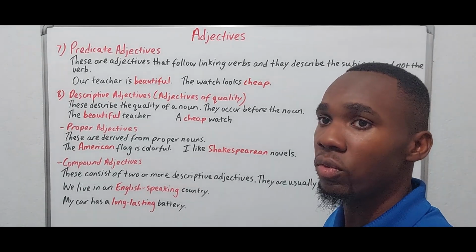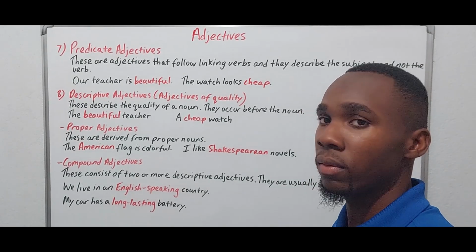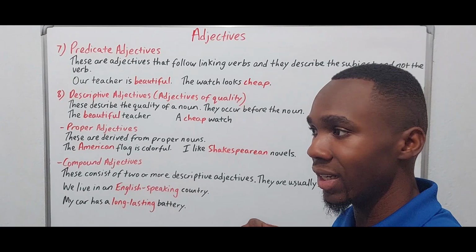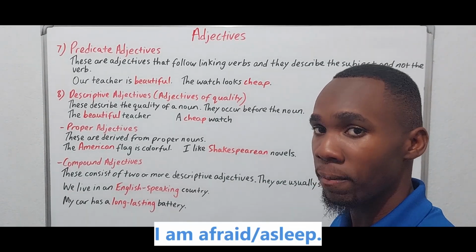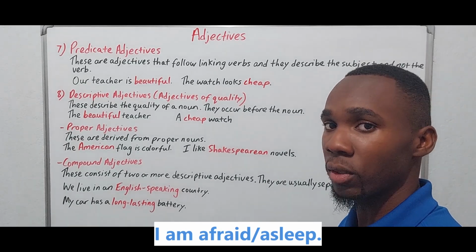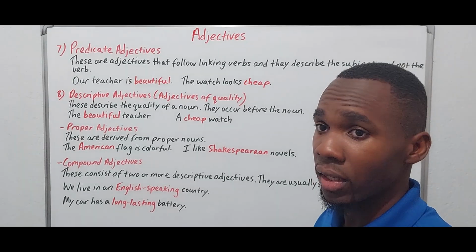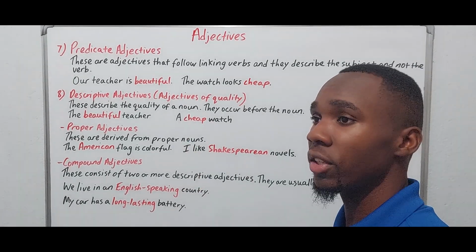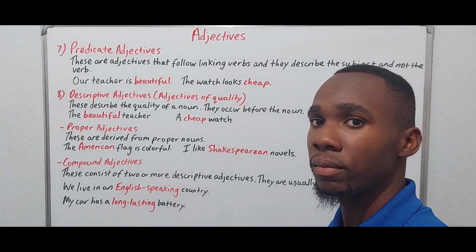You can only use those as predicate adjectives, asleep and afraid. Therefore, I can say I am afraid, I am asleep. As you see, both of them would follow the linking verb to be. But I can't say the afraid teacher or the asleep teacher.